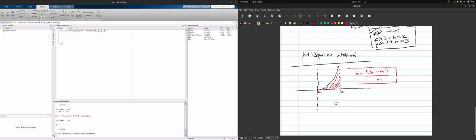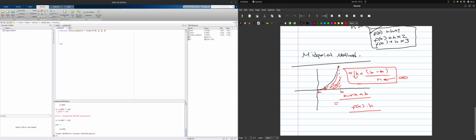You see, now h is this value. If we have an infinite number of N's, this h goes to 0, and we only need the function value. If x is somewhere between a and b, now f(x) times h.